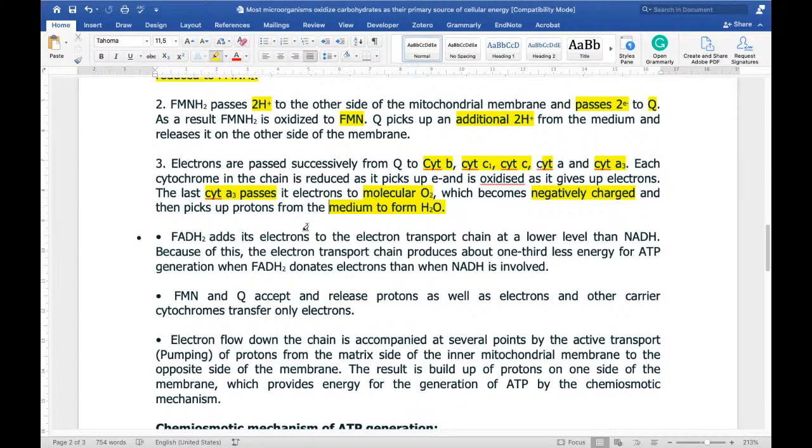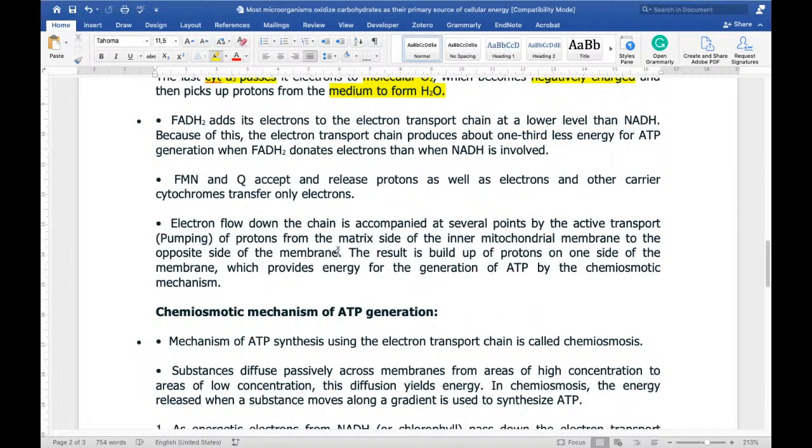FADH2 adds 2 electrons to the electron transport chain at a lower level than NADH. Because of this, the electron transport chain produces 1/3 less energy for ATP. FMN and Q accept and release protons as well as electrons, as carriers. This electron flow down the chain is called electron transport of protons.